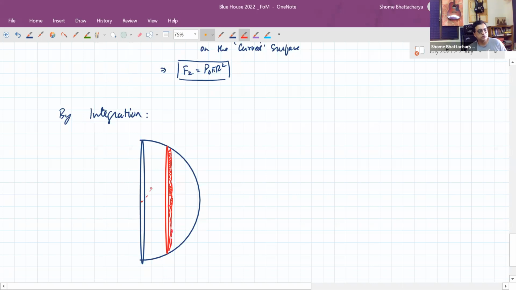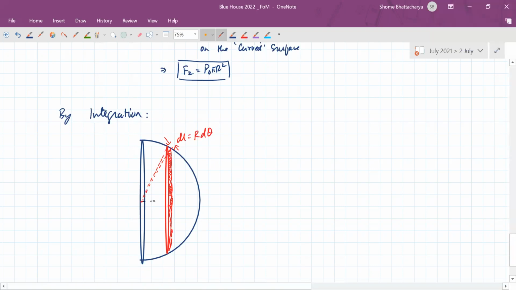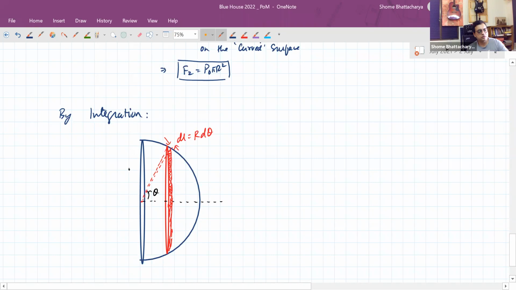So this thin ring is, first of all, let's say, of thickness dl, which will become r d theta. It's at an angular position theta. Its own radius is small r, let's say.